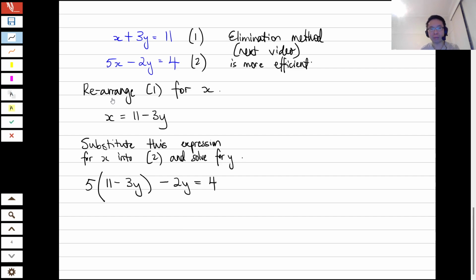Now remember, when you have brackets, multiplication is implied, and you need to do the multiplication of the outside term by everything on the inside. So this becomes 5 times 11 minus 5 times 3y, which is 15y. And now I take 2y, and that gives me 4.